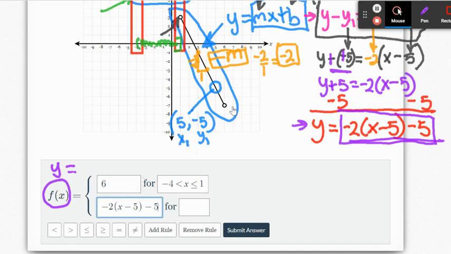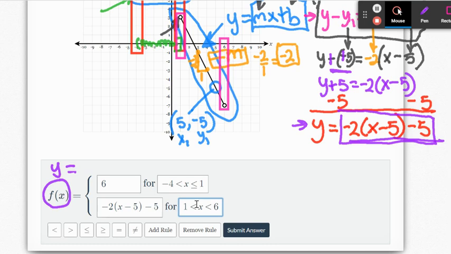And then I just have to define when to use that line. Well, that line is supposed to be getting used from, it begins at 1, and then you stop using it here at 6. So I write in there, left bounded at 1, and it's less than, not equal to, because it has an open dot at 1, x, and then less than, not equal to again, 6.